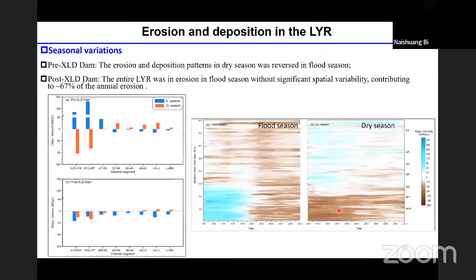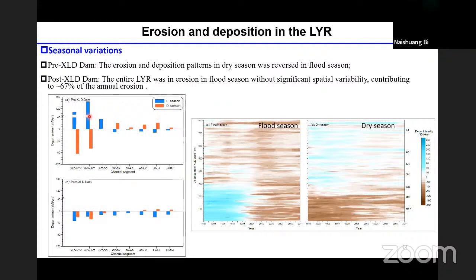We also calculated the erosion and deposition intensities, and their seasonal variations. Before the construction of the Xiaolangdi Reservoir, the erosion and deposition patterns in the braided reach in dry season were reversed in flood season.